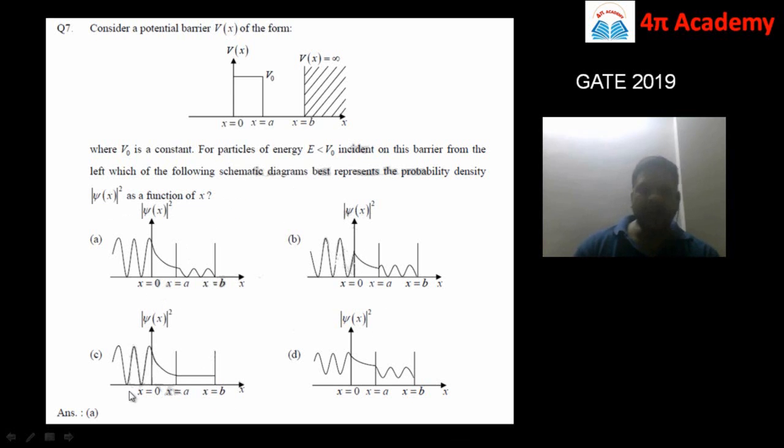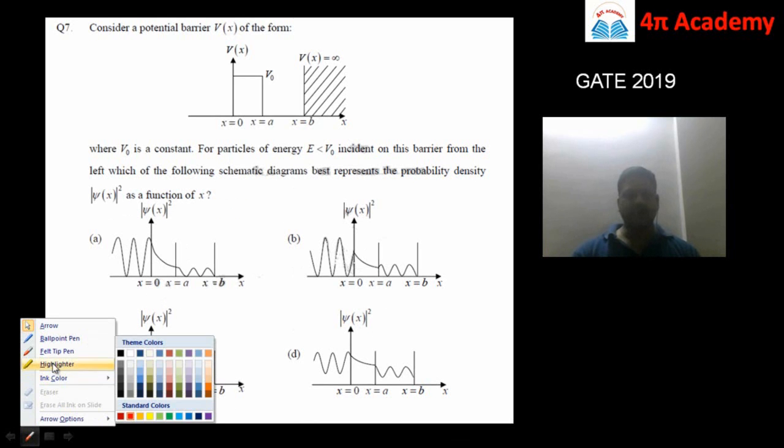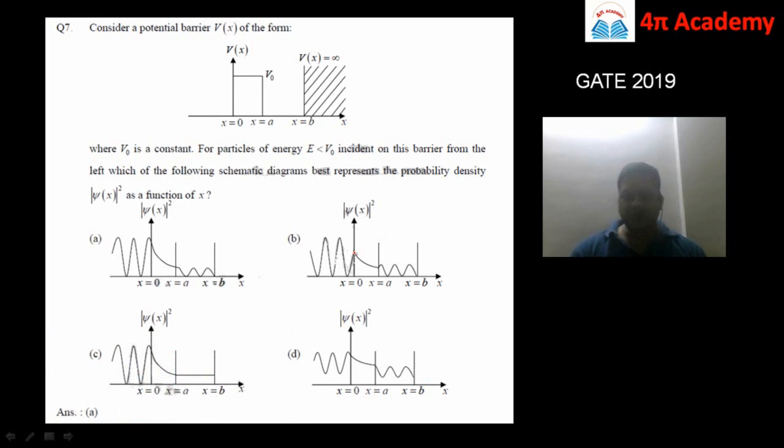Now if you look at the options, here you can clearly see that there is a kink in the mod of psi square. It means that it is a discontinuity. Since there is a discontinuity in the wave function, and we have seen in the properties of acceptable wave function that the wave function should be continuous in nature, hence this is not the answer.